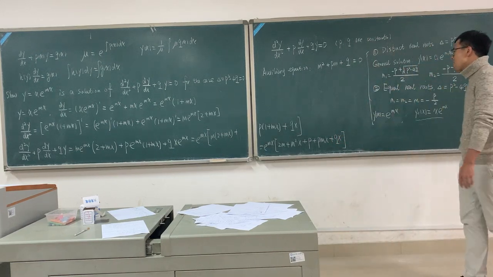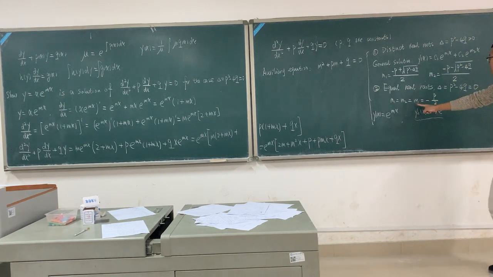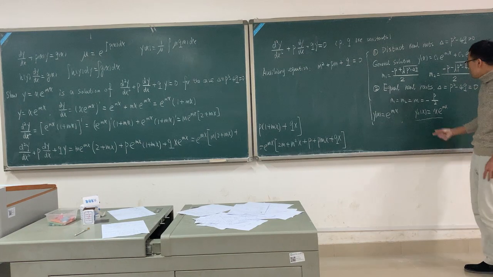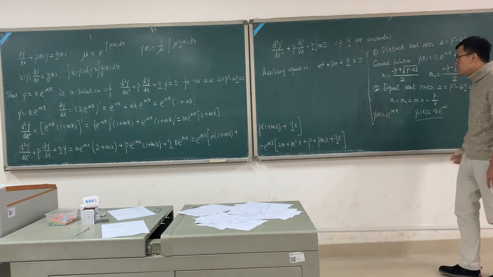Now we can see m equals minus p by 2, for the second case. So m is minus p by 2, and we replace m by minus p by 2.